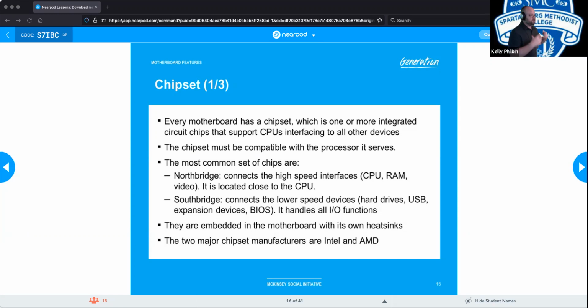So it needs to be physically close to the CPU to have the most impact for the components hooked up to it, and anything hooked up to the North Bridge needs really fast communication with the CPU. So this is going to be your RAM, your graphics cards, things of that nature. All of that needs really quick response time.